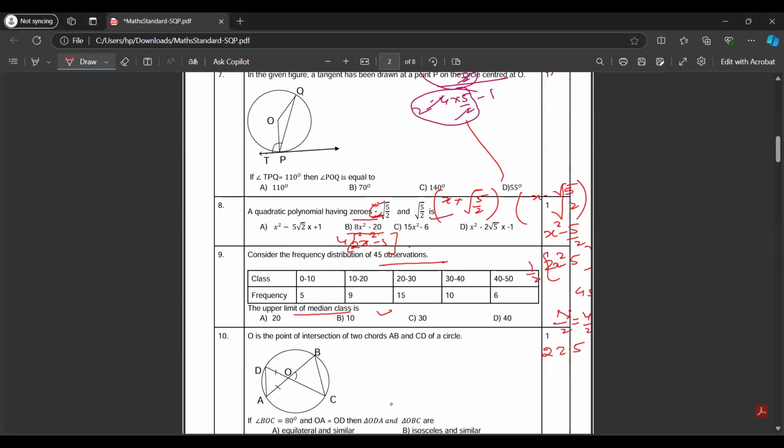So we write the cumulative frequency: 9 plus 5, 14. 14 plus 15, 29. 29 plus 10, 39, and it will be 45, right? 22.5 lies where? 20 to 30. 30 is the upper limit, right? Yes, ma'am.